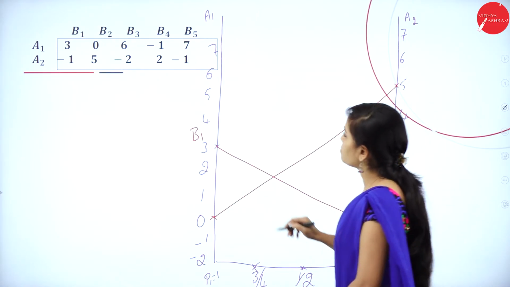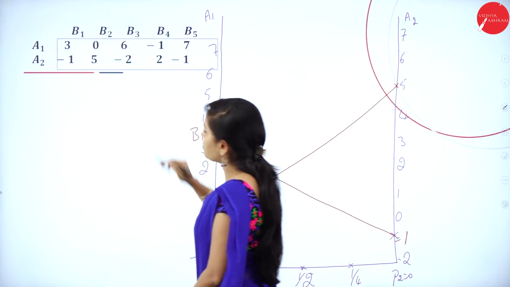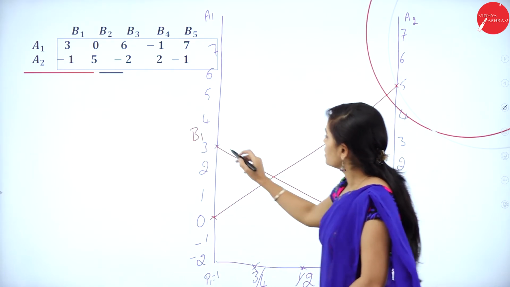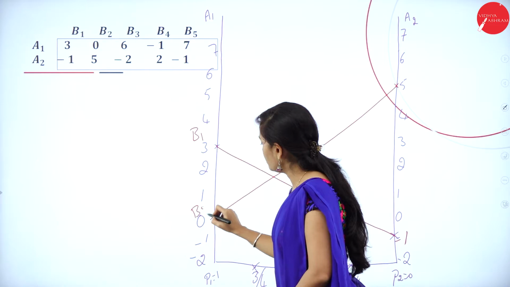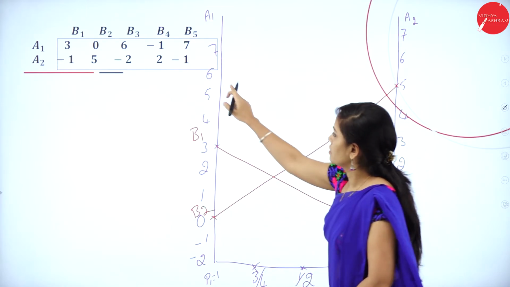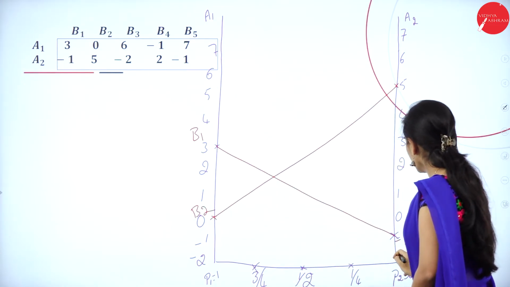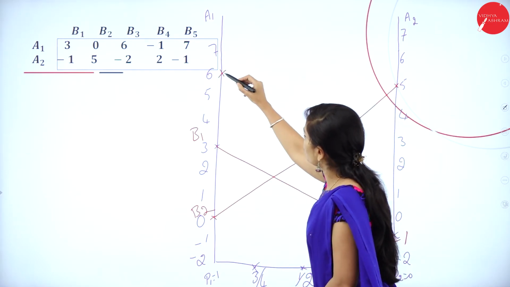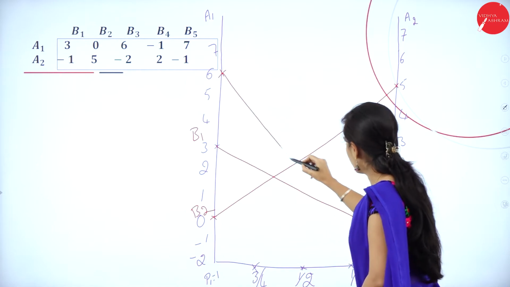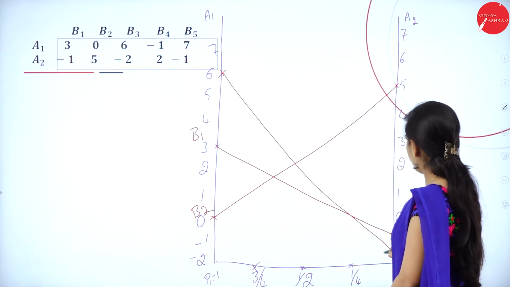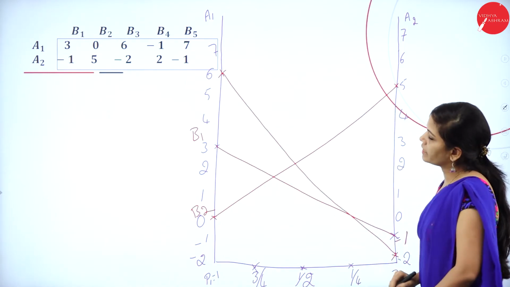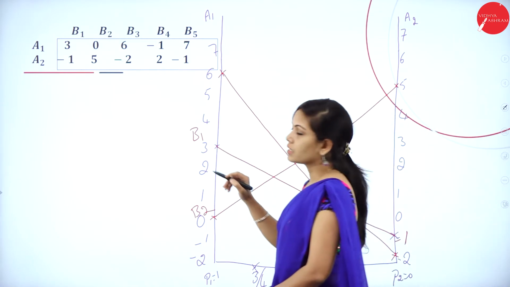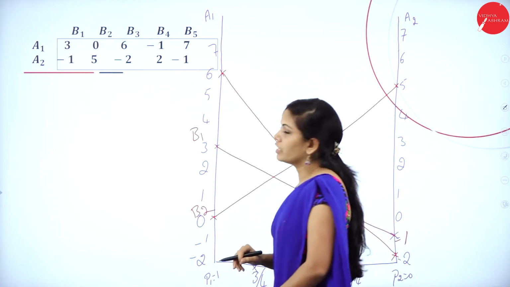And the next point is 6 and -2, that is B3. So this line is the B2 line and the next line is 6 and -2. So this is -2, this is 6. Join this 6 and -2. And the next one, B4, that is -1 and 2.